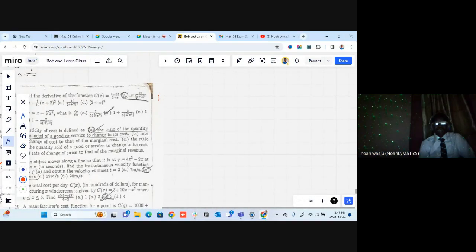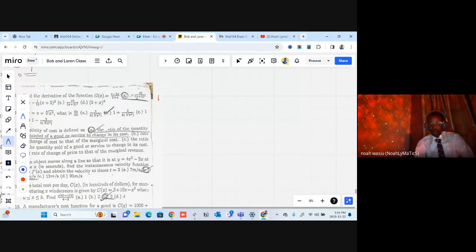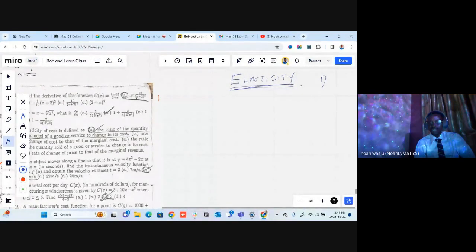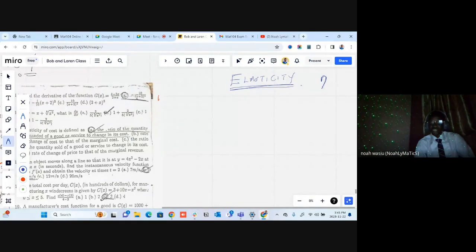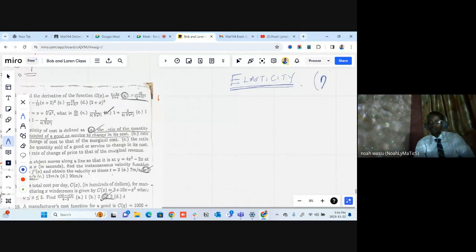Under elasticity, elasticity is always denoted as something like an n, a curly n. This is how we denote elasticity.